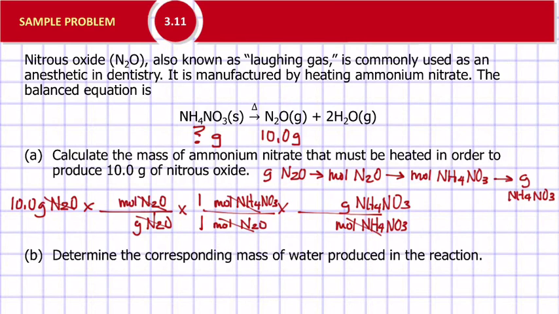Then we need molar masses, don't we? So we need the molar mass of N2O. So that would be 2 times the mass of nitrogen plus the mass of oxygen (44.02).